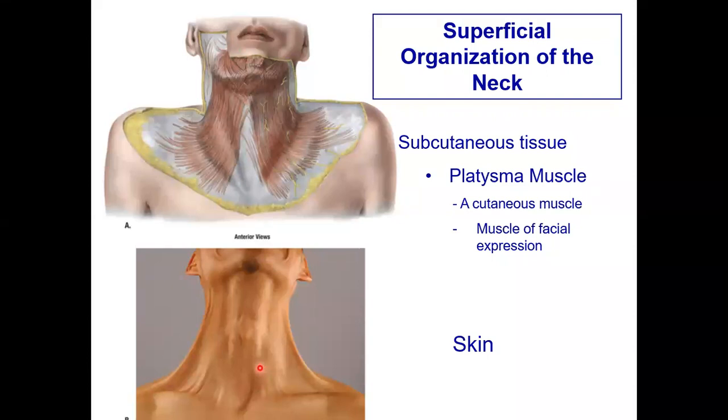The reason why we call it one of the muscles of facial expression is that there's a group of muscles that all have to do with facial expression, and they're all innervated by the same nerve. They're all innervated by the facial nerve. So this is one of those muscles. You'll learn about more that are in the actual face itself, but the platysma does count as a muscle of facial expression.